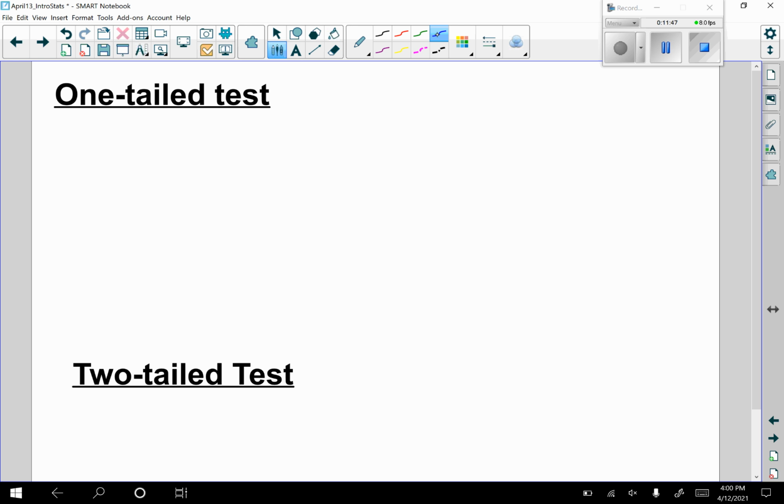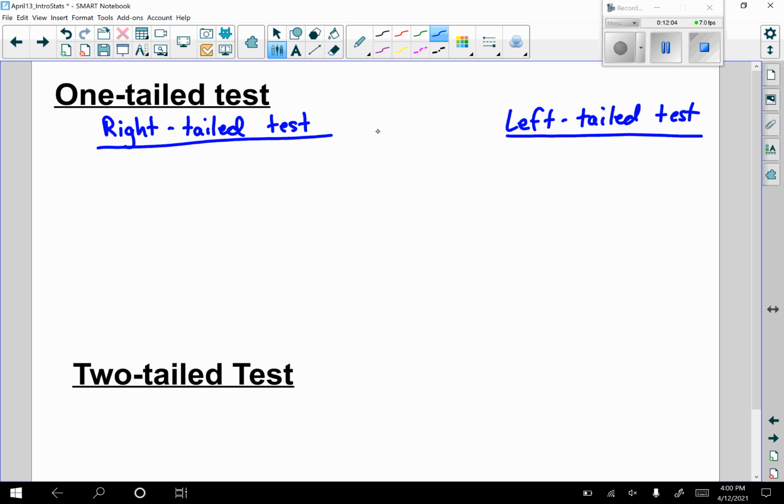All right, so remember we have two types of one-tailed tests. We have a right-tailed test and a left-tailed test. And again, we're just going to sketch the standard normal distribution for each one.